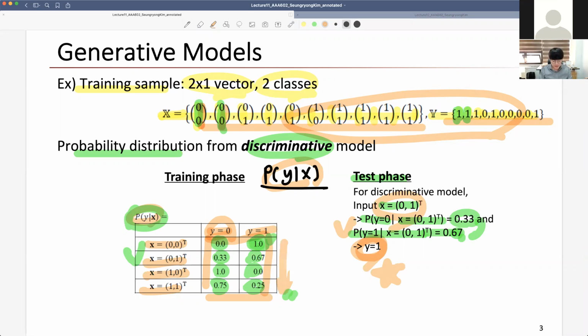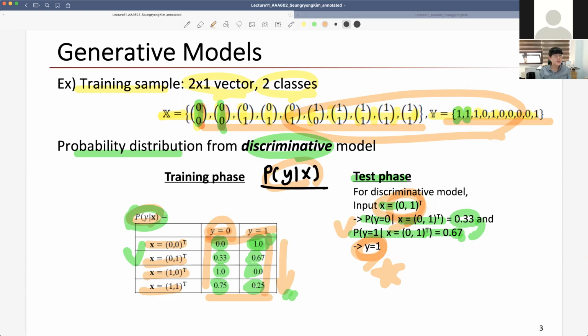Similarly, we can measure this kind of conditional probability, and at test time, for an arbitrary input vector, say x equal to 0, 1, we can estimate the probability of y equal to 0 and y equal to 1. Then we can decide that the output class is going to be y equal to 1.